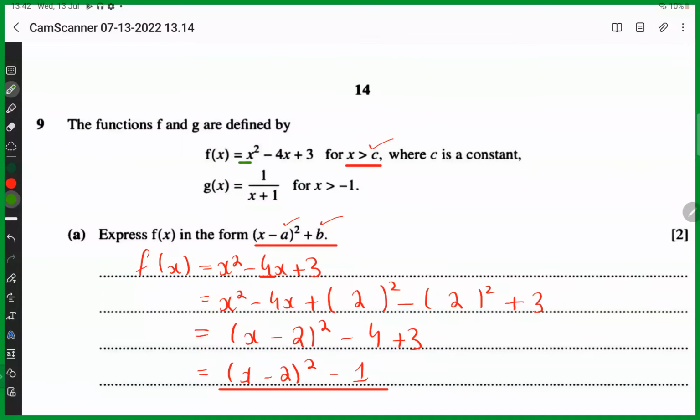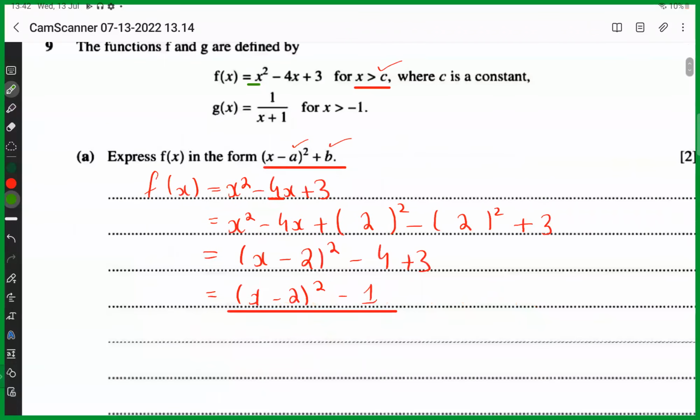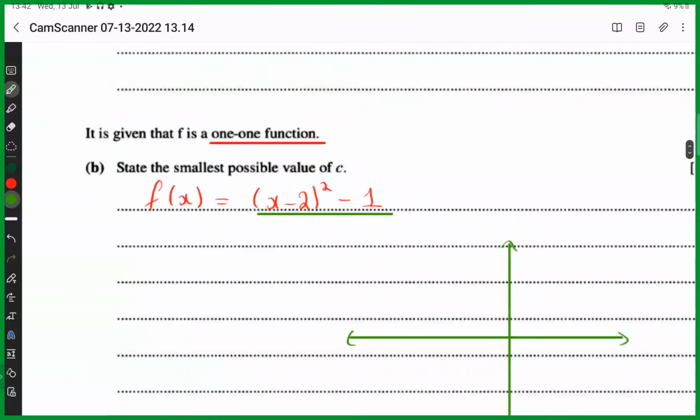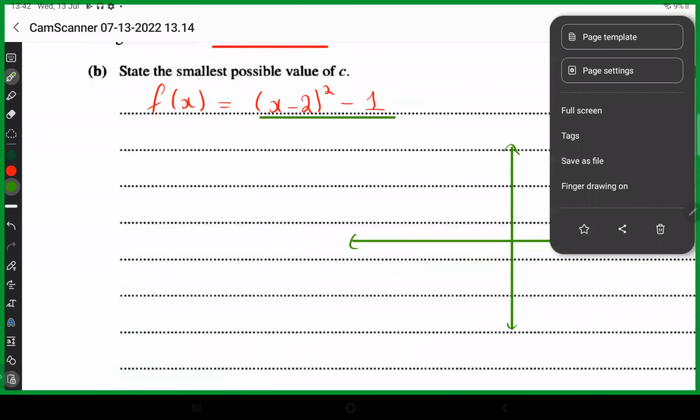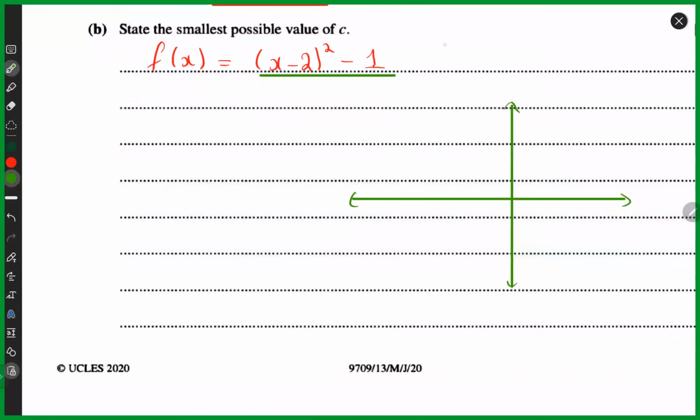When the coefficient of x squared is positive, we know that we would be having a U-shaped curve, right? So it would be a U-shaped curve. And can anyone tell me the coordinates of this minimum point? Yes, please think about it. They are right in front of you.